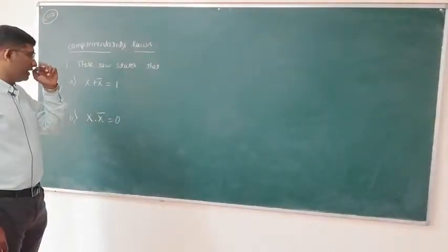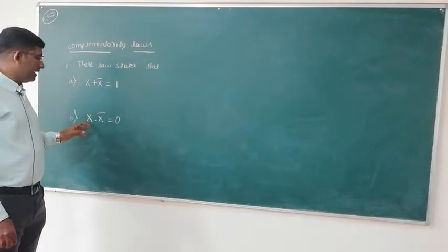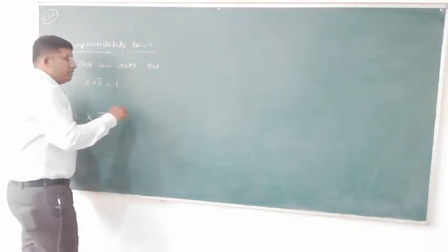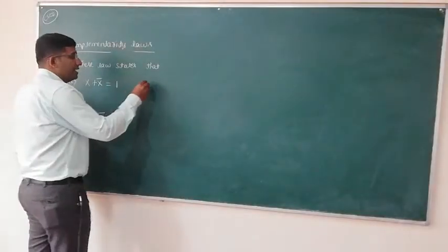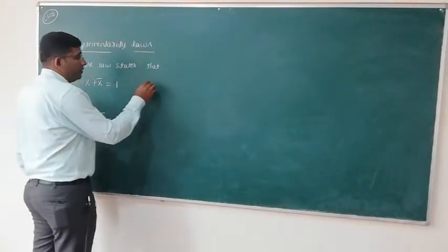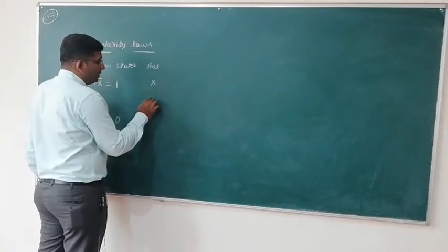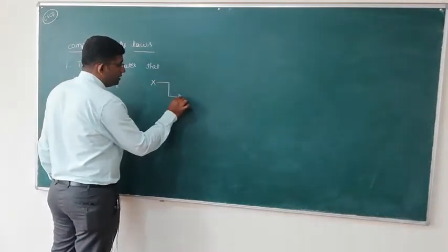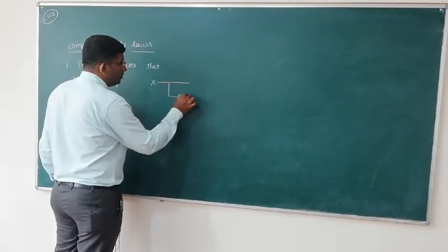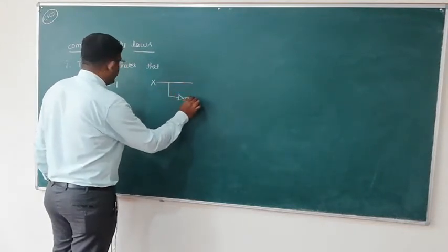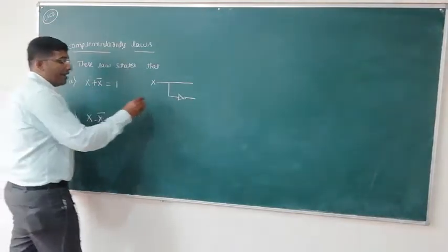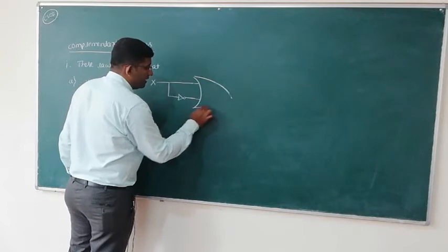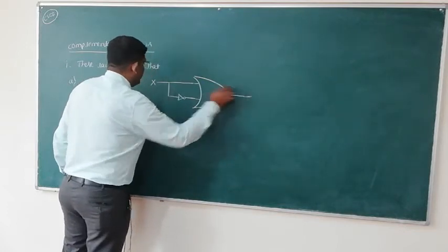So how do we get x plus x bar equal to 1 and x into x bar equal to 0? Proving it with the help of logical gates, consider one variable as x. If I give the same x to the NOT gate, it will become x bar. Because we are using an OR operation, we have to use an OR gate here. The first input will be x.